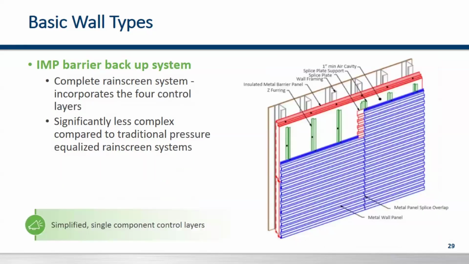Next would be the IMP barrier backup system. We're going to take all the components of the insulated metal panel, and then we're going to add an exterior, quote unquote, rain screen portion to it.